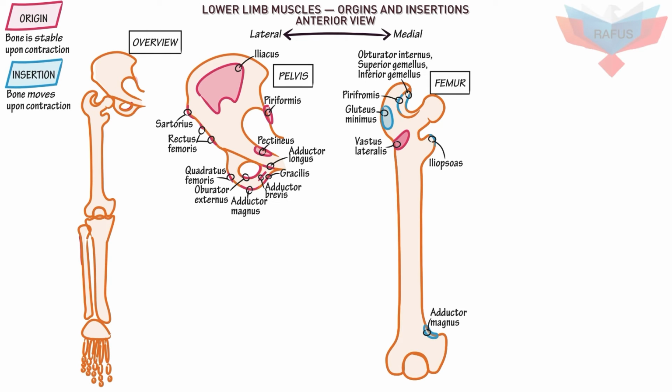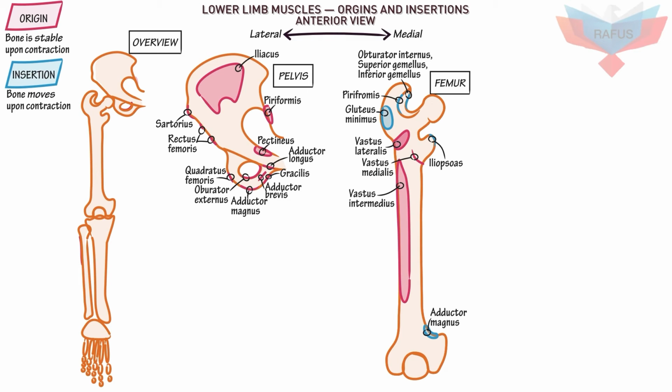Then inferior to this, show that vastus intermedius arises from the anterolateral aspect of the femur. This muscle covers most of the anterior surface of the femur. Next, show that vastus medialis arises from the medial aspect of the intertrochanteric line.